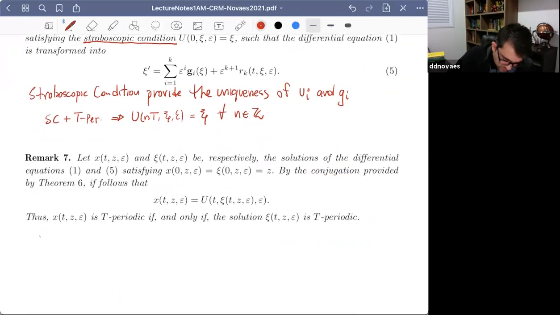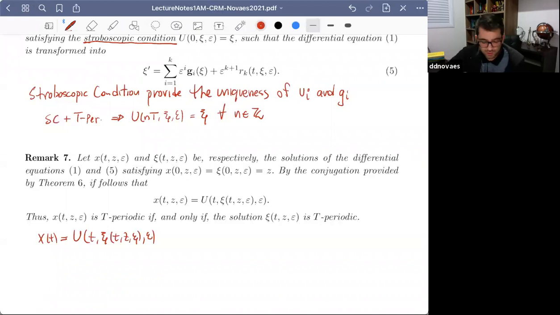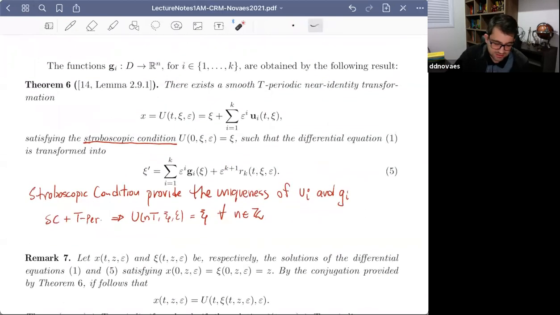We know that if we define x(t) equal to u(t, c(t, z, epsilon), epsilon), it is actually a solution of the difference equation 1, because Theorem 6 is providing a transformation of the difference equation.